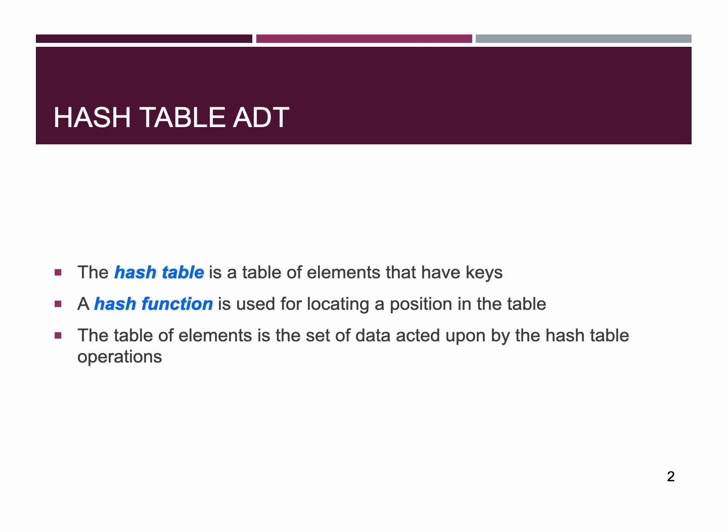So the table of elements itself represents the data set that the hash table acts upon. So by leveraging the hash function, the hash table enables quick access to these elements, making it a powerful tool for data storage and retrieval.